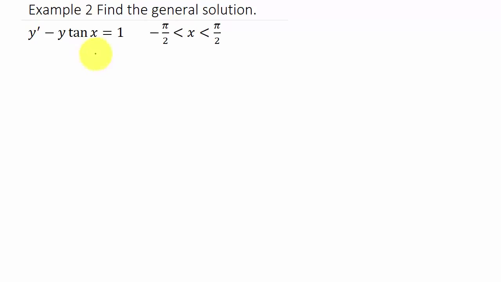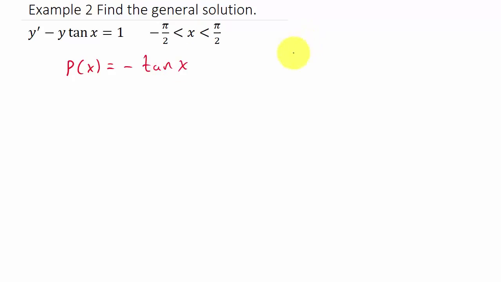So I need to get p of x. p of x is the term with the y, so in this problem p of x is equal to negative tangent x. I have identified my p of x, and now I need to find my integrating factor.